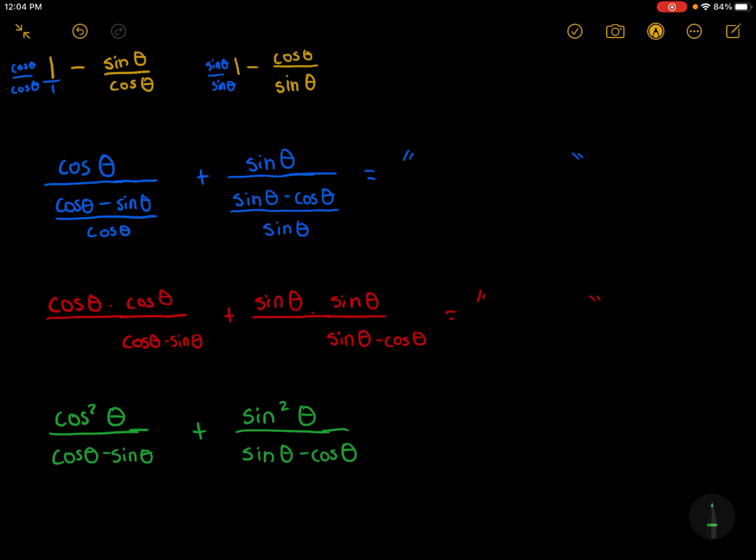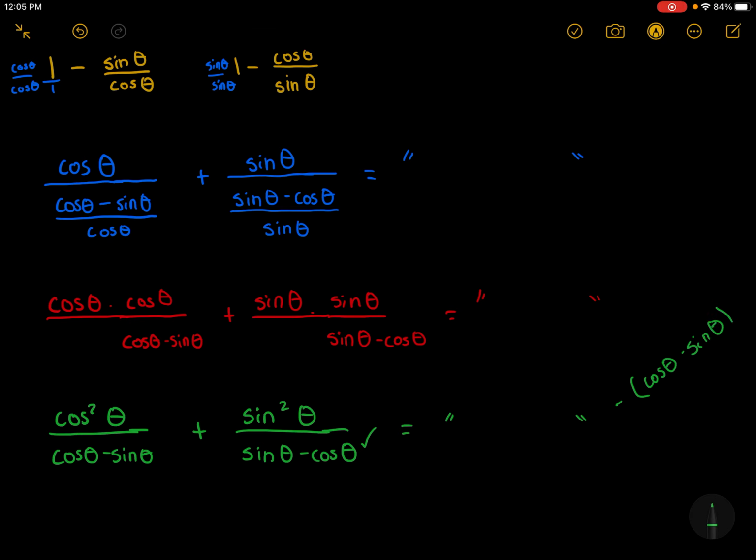Now, I'll tell you, what's the difference in cosine theta minus sine theta as opposed to sine theta minus cosine theta? So the difference is, let's make some room up here. If we factor out a negative from this thing, we would get negative, and if we take out a negative, that's going to give us cosine theta minus sine theta.